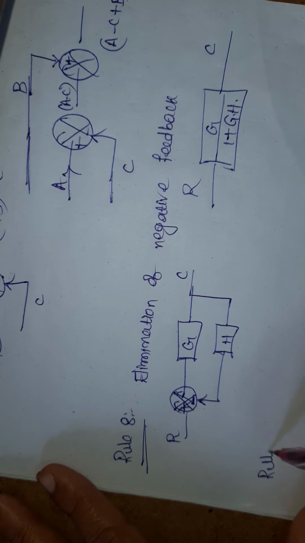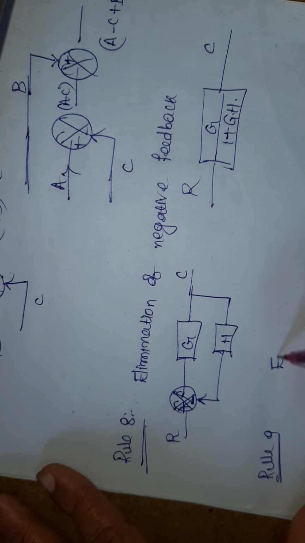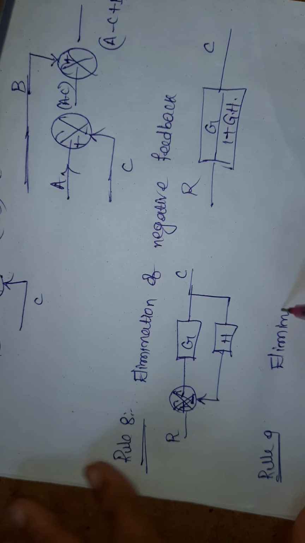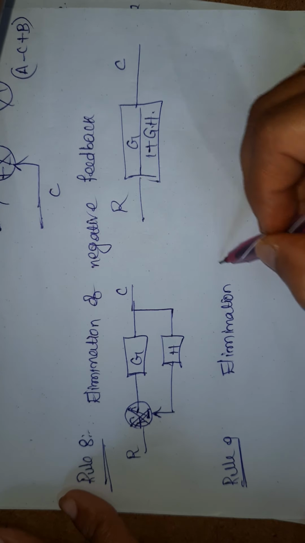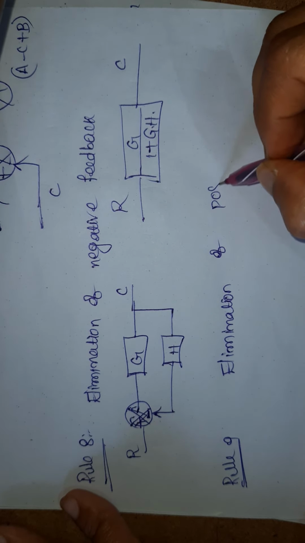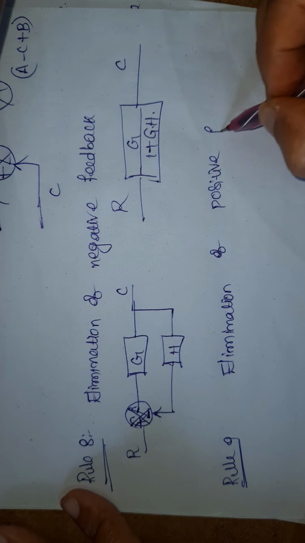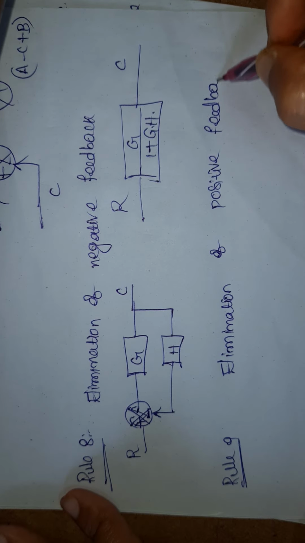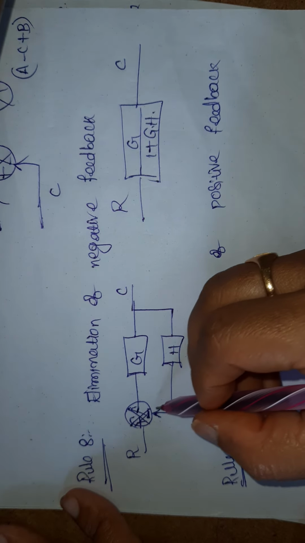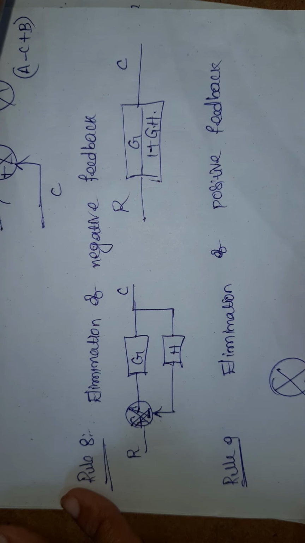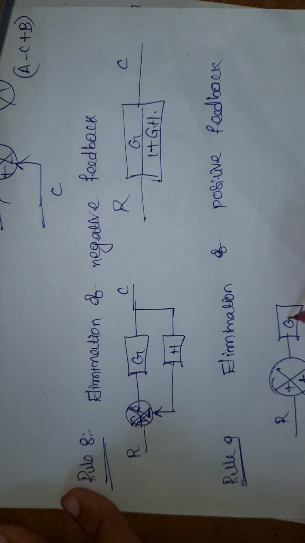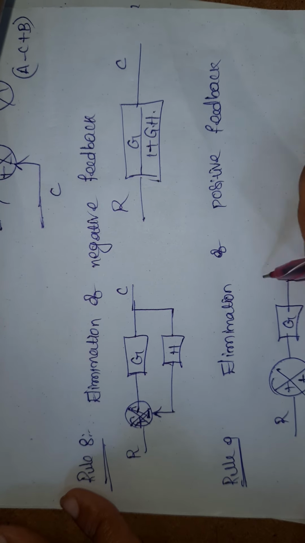Rule 9 is elimination of positive feedback. For positive feedback, the feedback element H is connected to plus. Remaining all are the same.